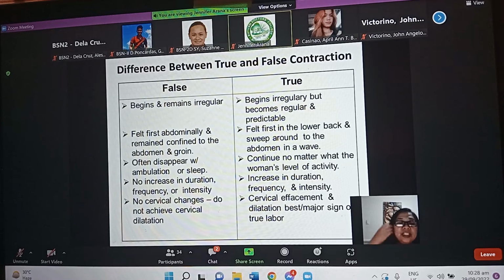False uterine contraction often disappears with ambulation or sleep, while true labor contraction continues no matter what the woman's level of activity is. I remember last time, I was really in pain when I was in labor.